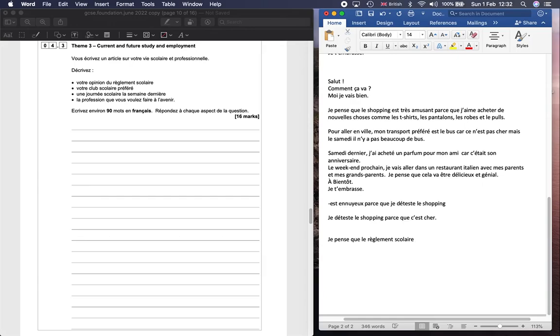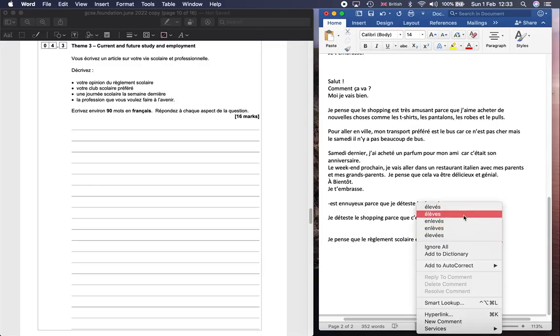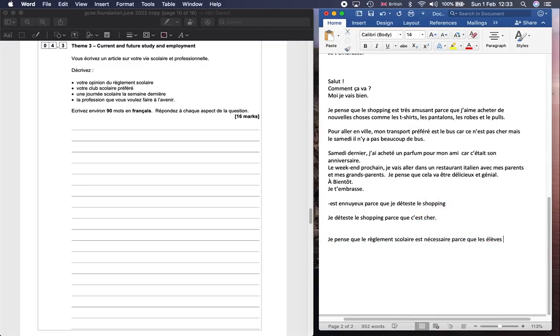Je pense que le règlement scolaire est nécessaire, the accent, parce que les élèves, accent, ont besoin, they need, de la discipline.